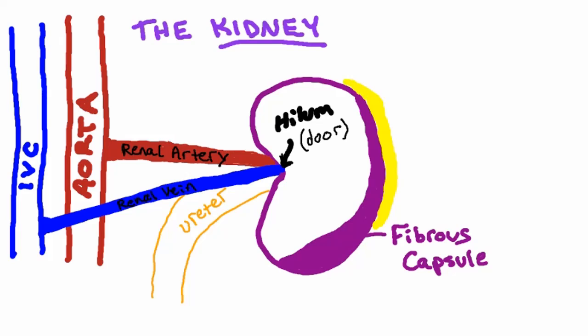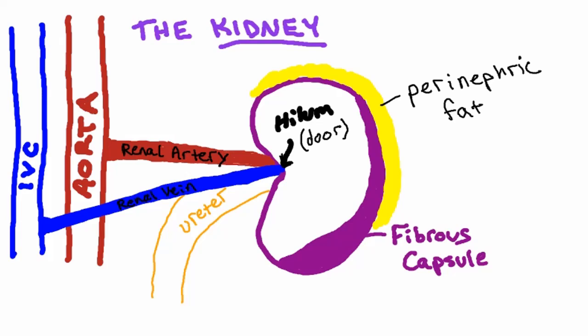The stomach, the intestines and the pancreas are all within the peritoneal cavity, but the kidneys are actually behind the peritoneal cavity, so it doesn't have that much protection. So you're going to have this layer of fat all the way around the kidney, and this is called perinephric fat. I'll write that down here. Perinephric fat.